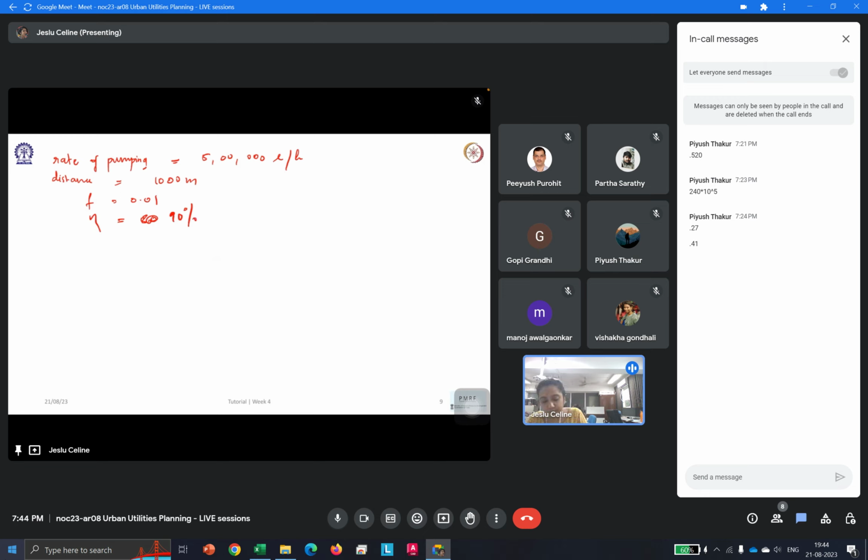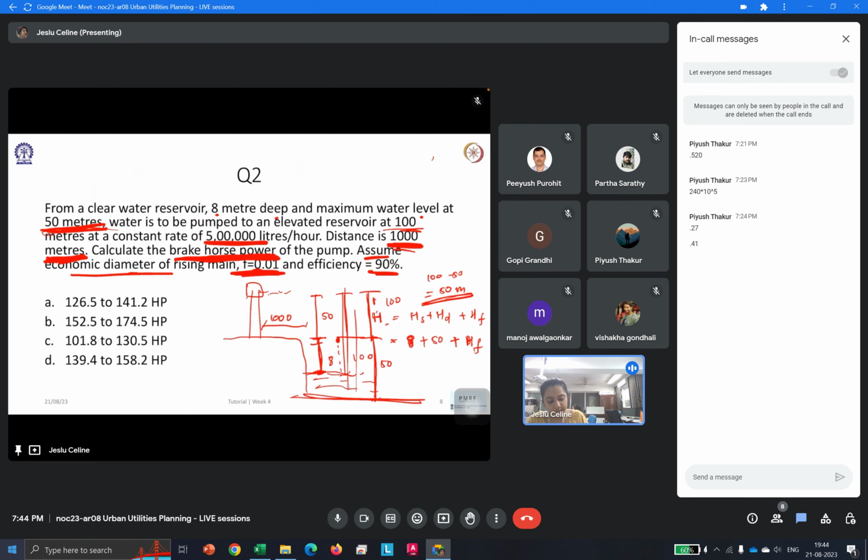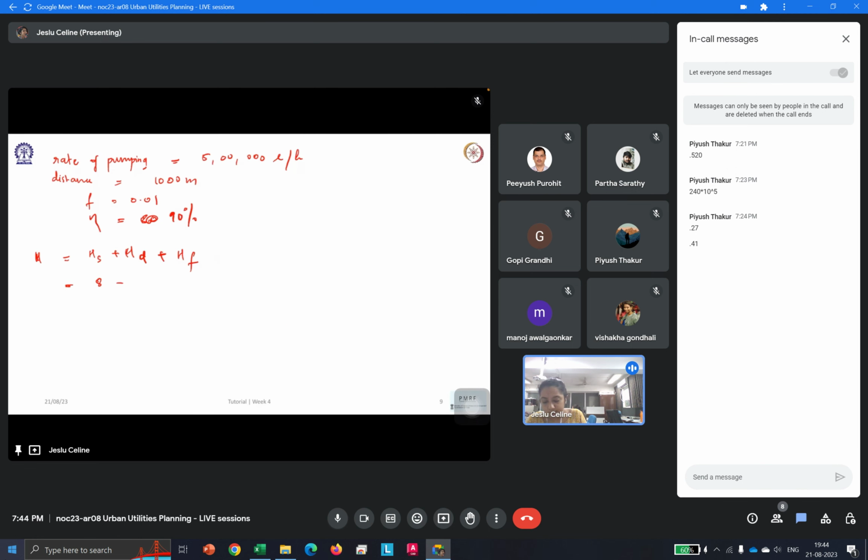So first, let's find the friction loss. We have H equal to HS plus HD plus HF, which in this case is 8 plus 50 plus HF. This is what we are interested to find. So let's put it in the formula here.